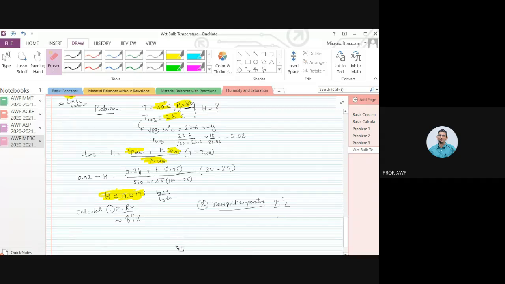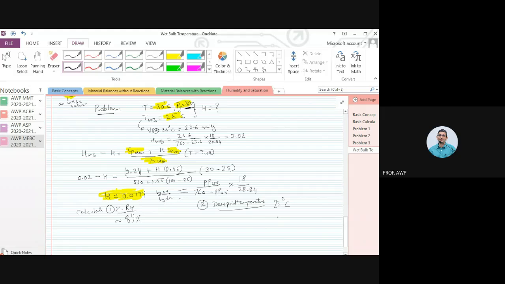Okay, let's just quickly do this. So H is 0.0177. That means partial pressure divided by 760 minus partial pressure of water vapor in the air, into 18 divided by 28.84, must be 0.0177.